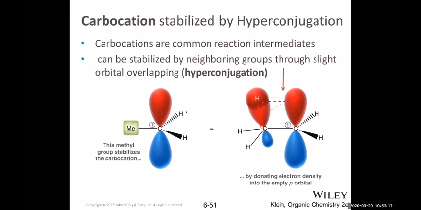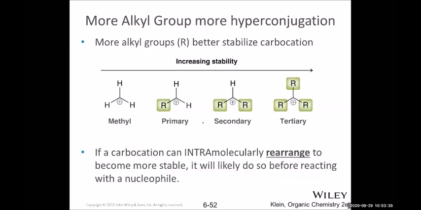Basically, any alkyl group has a possibility to make the carbocation more stable. Because the methyl group can go through hyperconjugation, as the carbocation structure changes with more and more alkyl groups replacing those hydrogens, it becomes more stable.